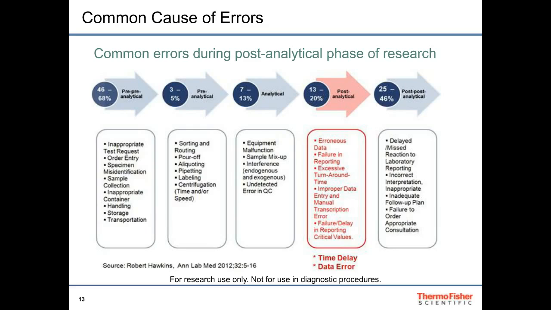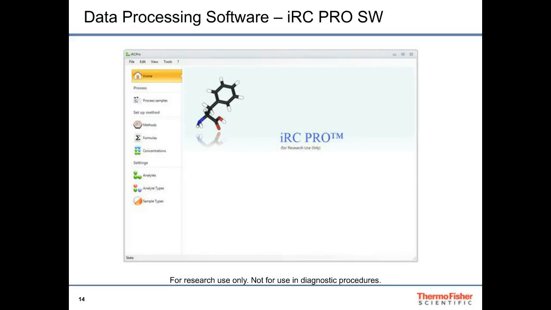Following standard operating procedures and utilizing hardware and software tools to uncover and minimize errors must be a priority in every laboratory. I will describe a software product that reliably copies the data from our LC-MS system and performs the necessary calculations and generates reports for interpreting the results. That software is called IRC Pro, which is made for research use only.